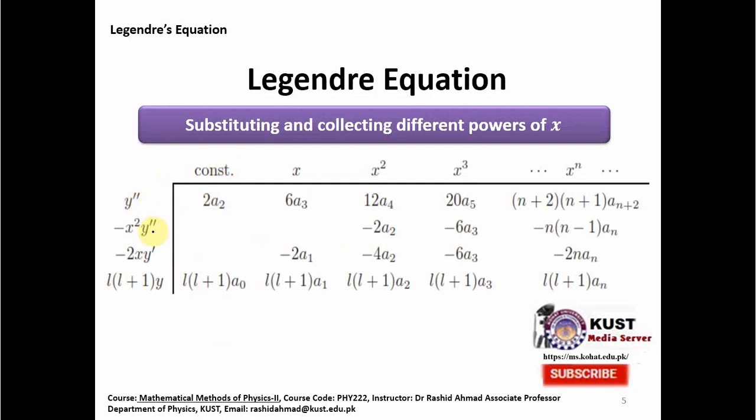But we want to look at the term which is constant but having the coefficient minus x square y double prime. It is not in there, so this term is 0. Similarly, the term minus 2xy prime is also 0, its constant coefficient is also not there, but the term L into L plus 1 into y has this constant coefficient.